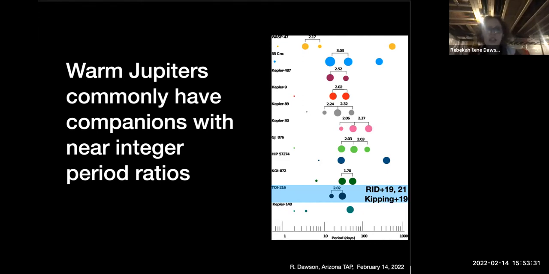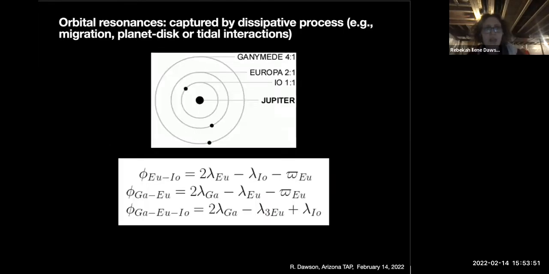And you can see that many of them happen to be near integer period ratios, which tells us something at least about their origin. So when we see an integer period ratio, we often think, well, maybe it's in or near an orbital resonance.